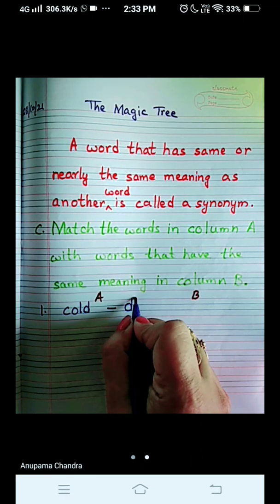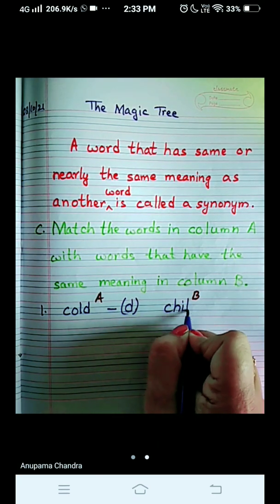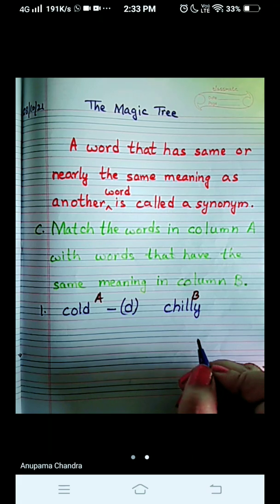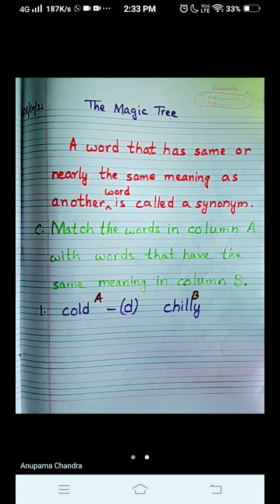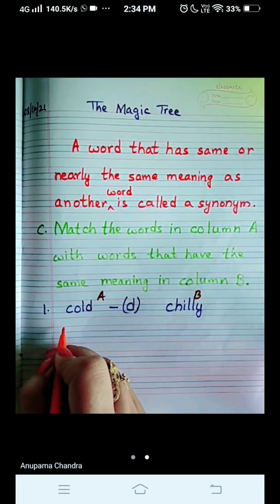Write D if you want, put it in the bracket. Write chilly, C-H-I-L-L-Y. Okay, when it is very cold, we can say it is very chilly. We can say that as well. Okay, so this becomes the synonym of each other.